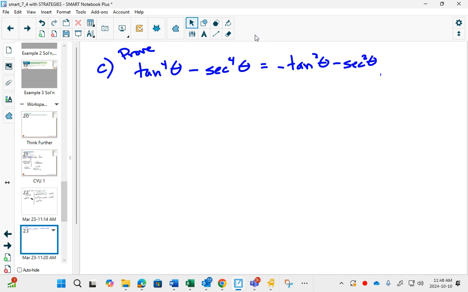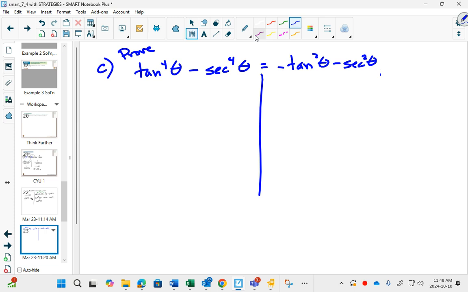This one too, if you decided to use the main strategy of changing to sine and cosine, it's going to cause you a headache. But I look at my Pythagorean identities and I'm kind of like, there's a relationship between tan and secant.